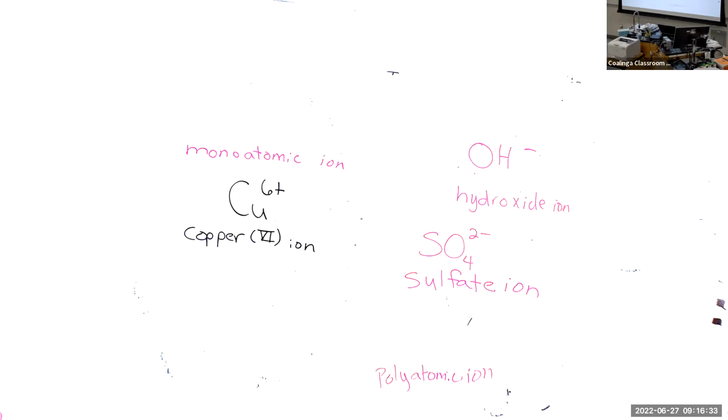That means sulfur and oxygen are covalently bonded together, but together they have 2 extra electrons added on. That causes them to be sulfate. Okay, questions?